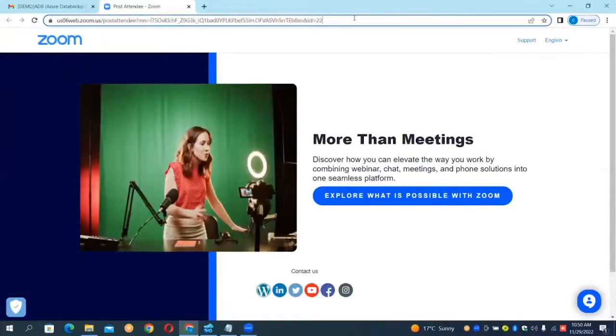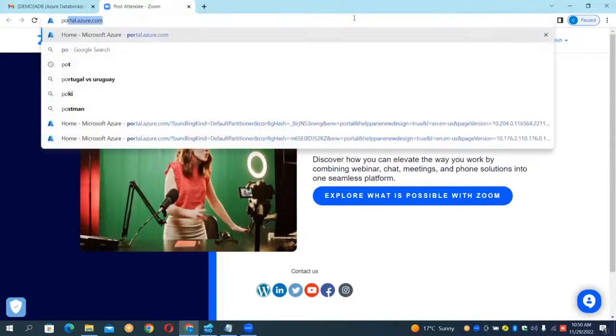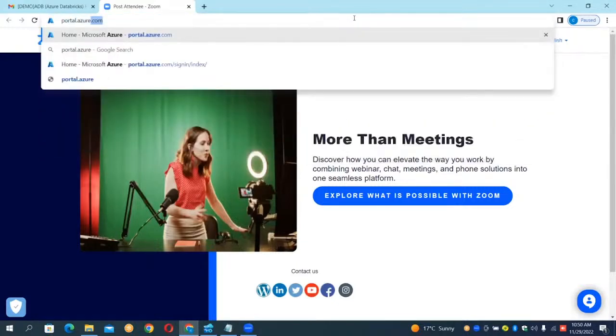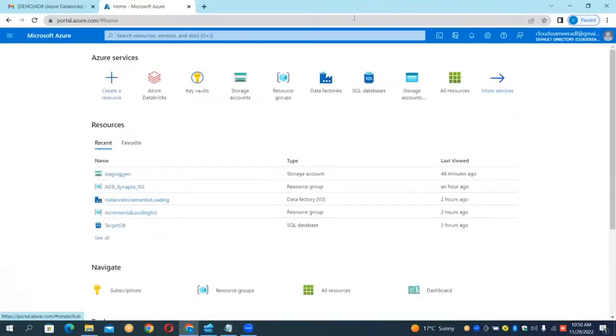Open a browser and type portal.azure.com. Once you open portal.azure.com, these are the storages you have. Click on more services. I will show you all the storages you have.